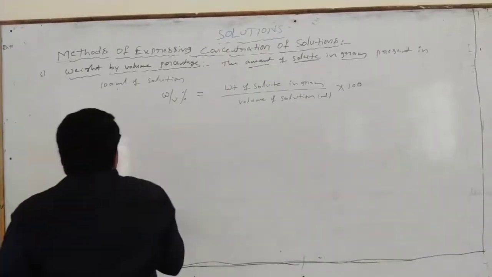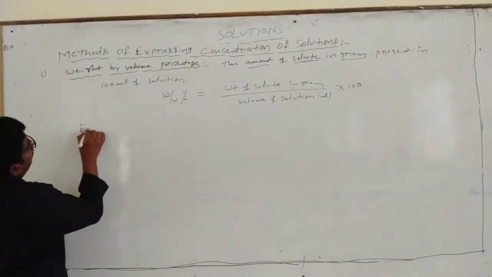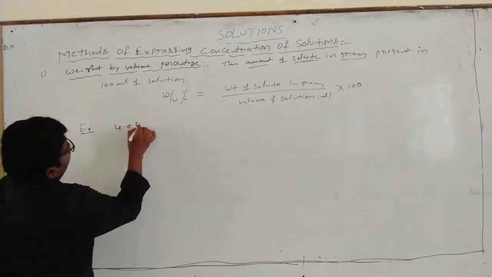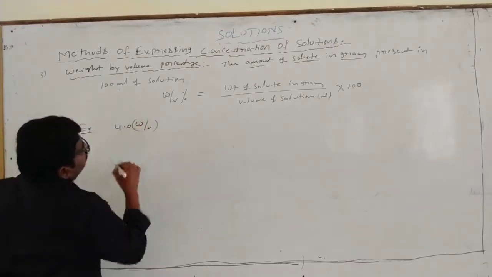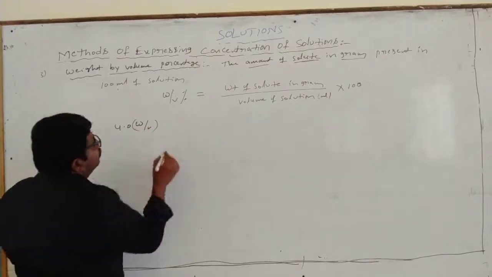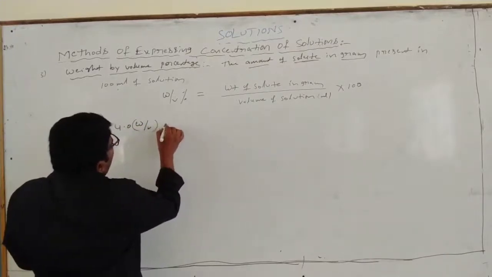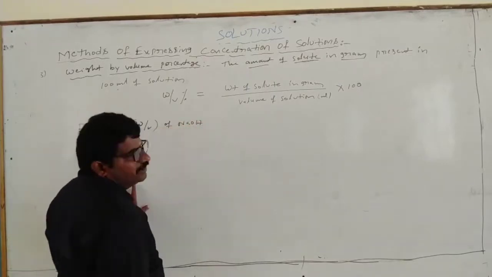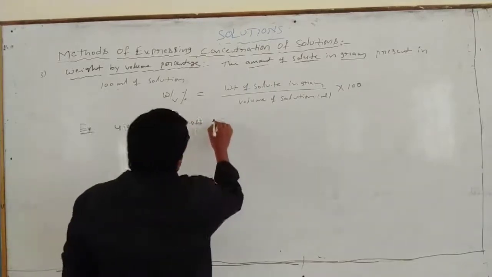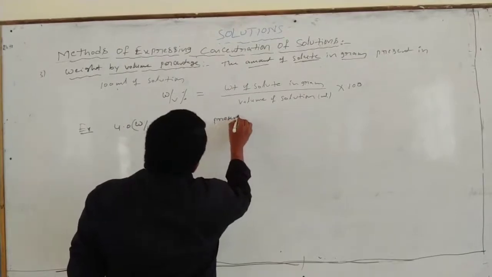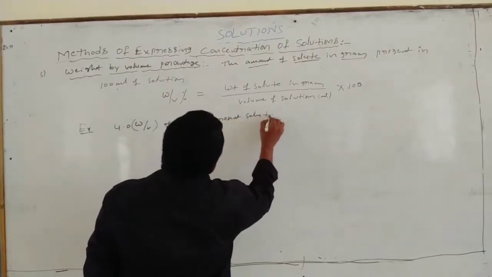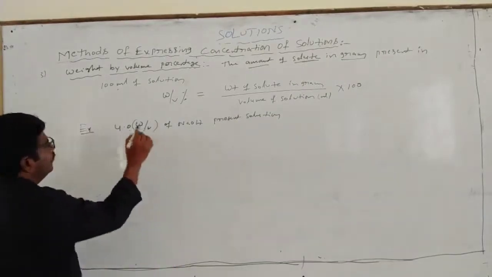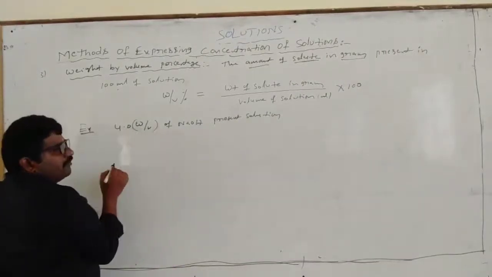For example, if you see 4.0 weight by volume of NaOH present in solution, what does it mean?